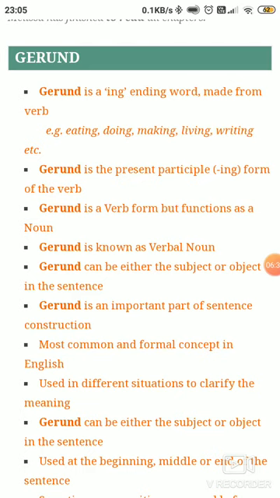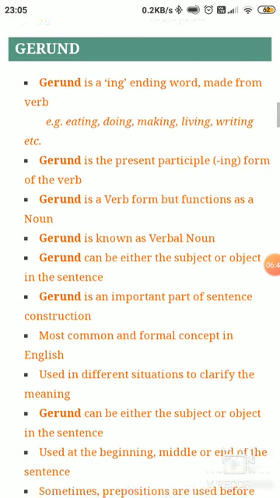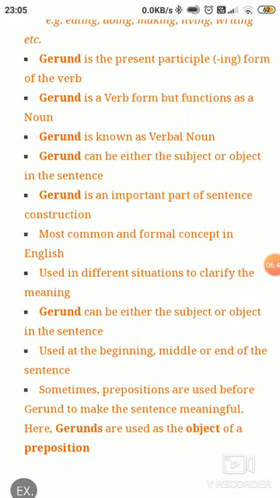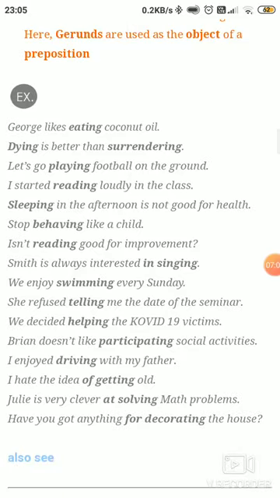Used at the beginning, middle and end of the sentence. Sometimes prepositions are used before gerund to make the sentence meaningful. Here, gerunds are used as the object of a preposition. Now let's have a look at the examples, children.